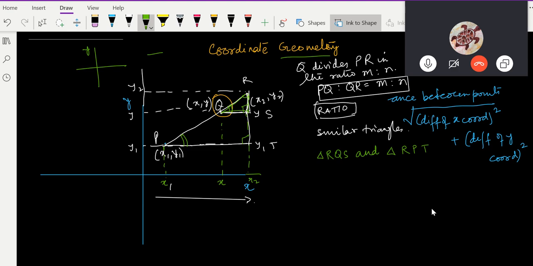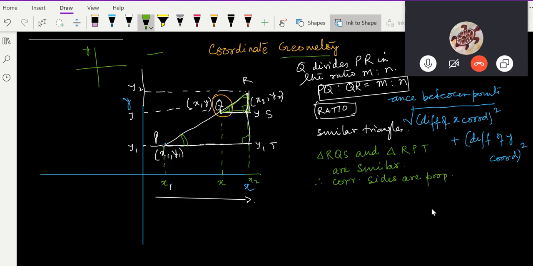So all three angles are equal to each other. So these two triangles are similar, so their corresponding sides would be proportional.